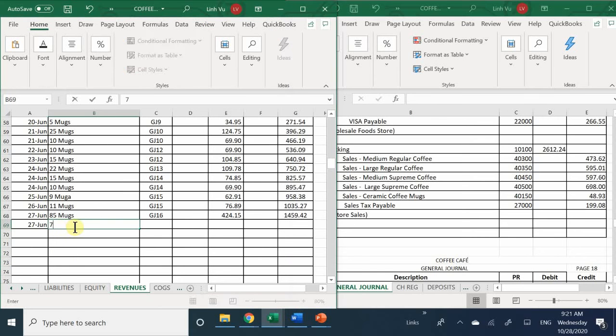Good. 48.93. For 48.93. And my grand total is going to be $1,508.85. Good.